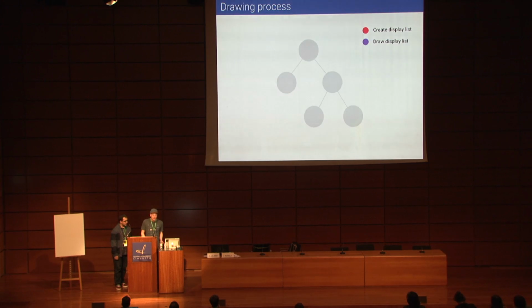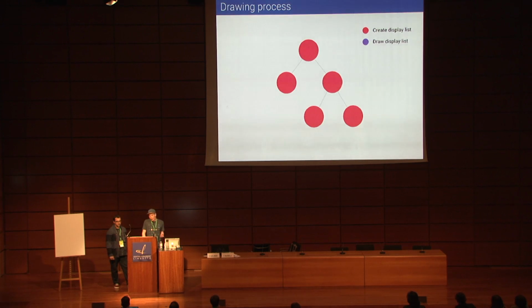So how does this apply to a more complex view hierarchy? Well, it's pretty similar, but instead we perform a traversal of the tree. We start by creating the display list for the root, and then slowly traverse through the tree, creating display lists for all its children. Each child view here has its own display list, and this is very important.